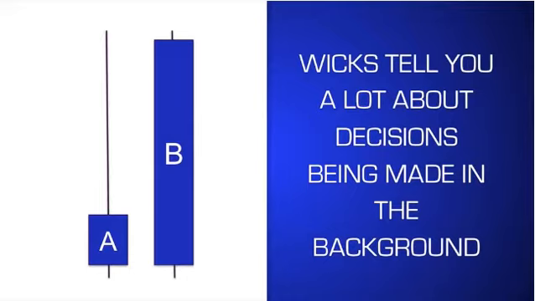For instance, when you have long wicks forming in certain areas, it is a sign that the market, and when I say the market, I'm talking about all those candlesticks on your chart right now. You see all those candlesticks that are forming. Some of them are going up, like overall they're going up, and some of them overall are going down. But what I'm saying is when you see wicks in certain areas, it's telling you that the market may not want to move much higher, may not want to go up higher.